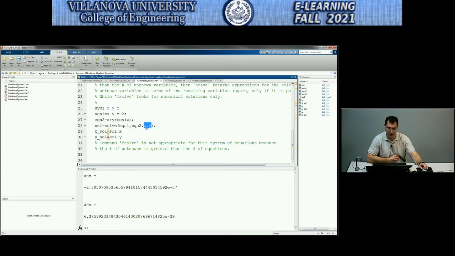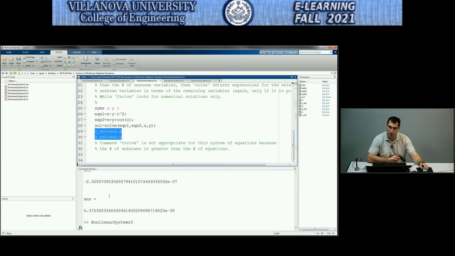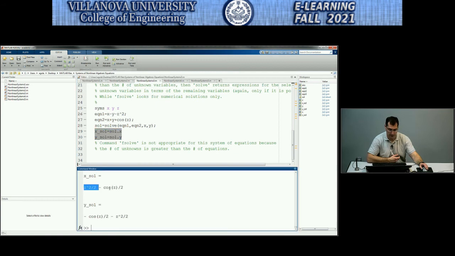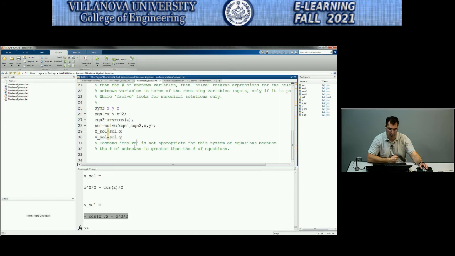So I specify them here, I apply the solve command, and my answer should depend on z. That's the advantage of the solve command. It will solve this system of equations symbolically, and will give you the answer symbolically, like this and like this for x and for y. The fsolve command is not applicable in this case, so you don't want to use it in this situation.